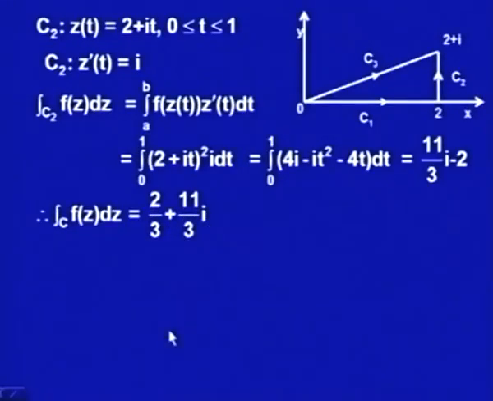Now let us come to the second part, C3. C3 means that is the straight line from 0 to 2 plus i. What will be the equation of this arc? This is a straight line with the slope as 1 by 2.